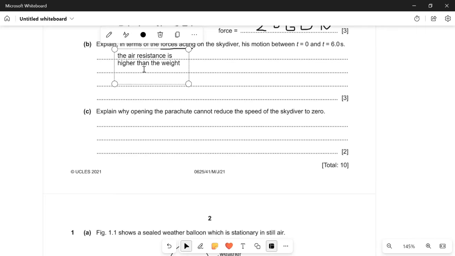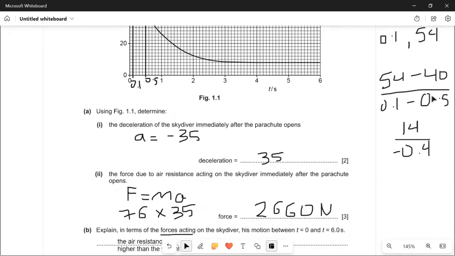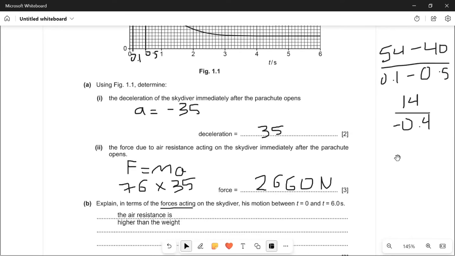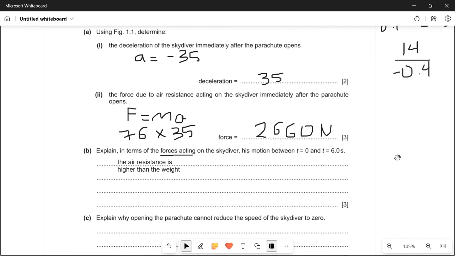And then our next point is on the second section of the graph. We can see that on this section, the curve is decreasing. That means the deceleration is decreasing. This is because as air resistance acts on the body, the speed of the body is going to decrease. So while the speed is decreasing, the air resistance is going to be decreasing too.